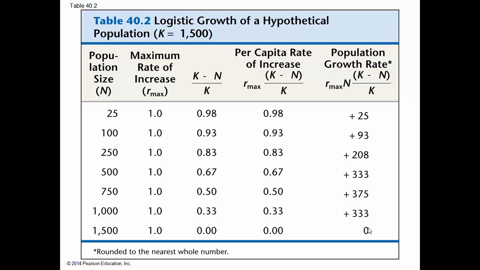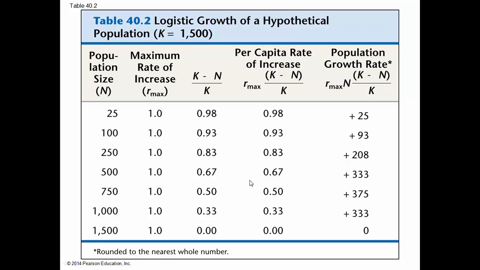So growth rate equals 0, and per capita growth rate is also 0. And this value here is then 0. So the maximum possible growth rate here is 375 individuals per year at 750.